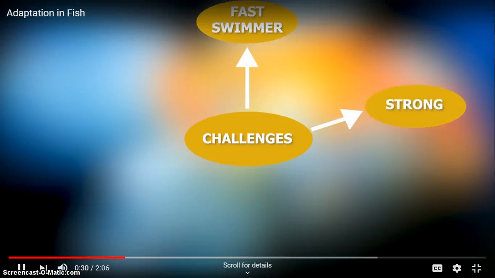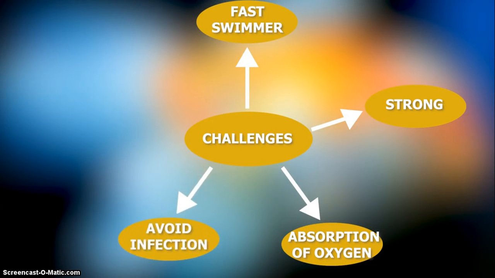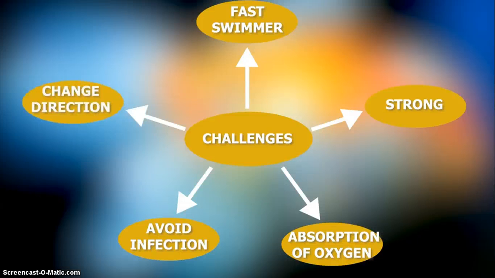Oxygen is not available in abundance as compared to open areas, so they should have some mechanism to absorb oxygen from water. It is easy to get infected by microbes in water, thus an organism should have some mechanism to avoid getting a wound. While fast swimming, it is hard to change direction, thus organisms should have some way which can assist them in changing direction.